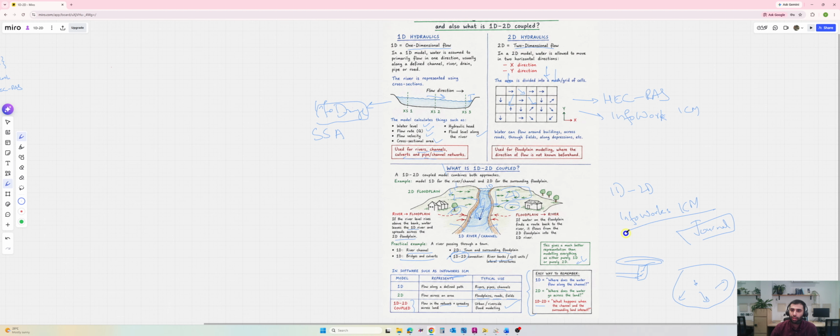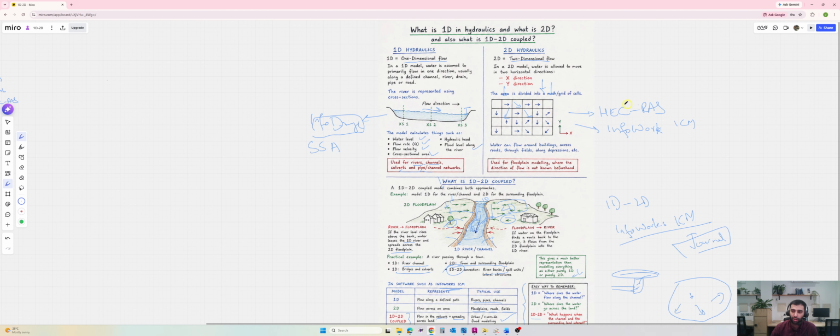And if you have heard about HEC-RAS, that's basically a 2D model. That's basically for direct rainfall. As I mentioned, key terms basically used in the industry: direct rainfall, which is entirely 2D, and rain on grid.